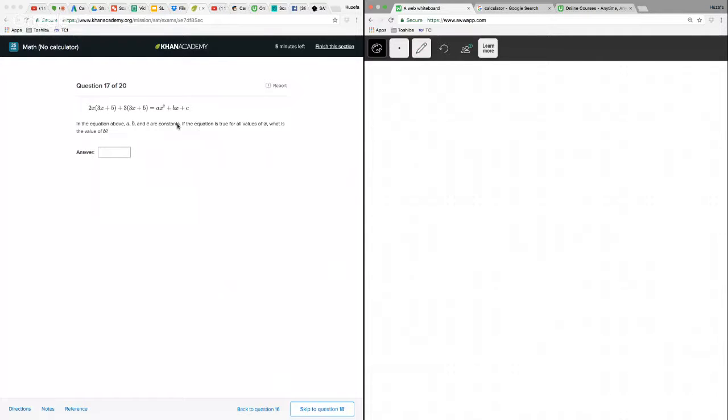We've got an equation where a, b, and c are constants. The equation is true for all x. What is the value of b? All right. Let's do a little foiling. Oh, wait. There's a shortcut here. I was about to foil everything. This is 3x plus 5 times, I think it's called grouping, 2x plus 3.